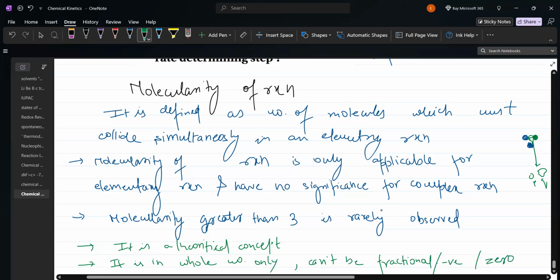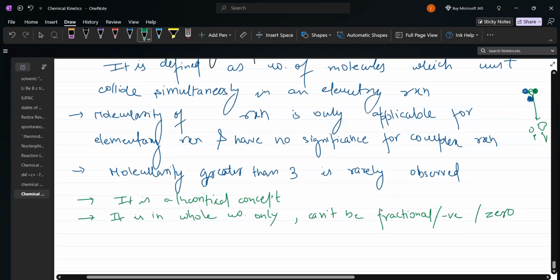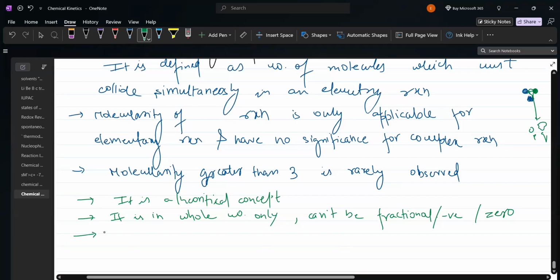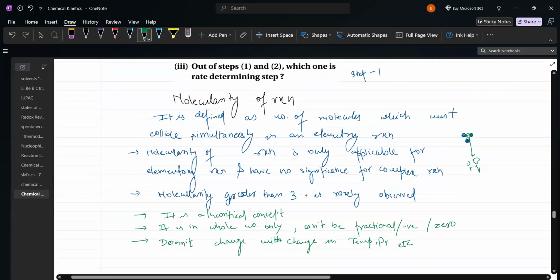Zero molecules colliding sounds very vague. It doesn't change with change in temperature, pressure, etc. Please note it down.